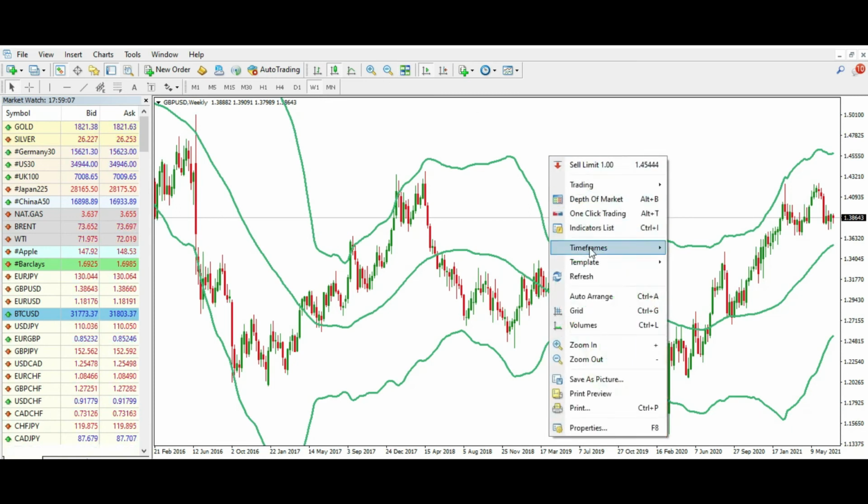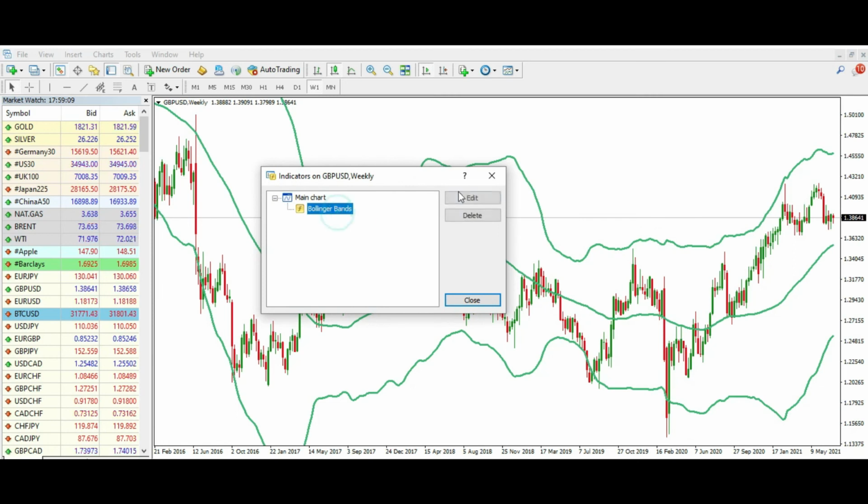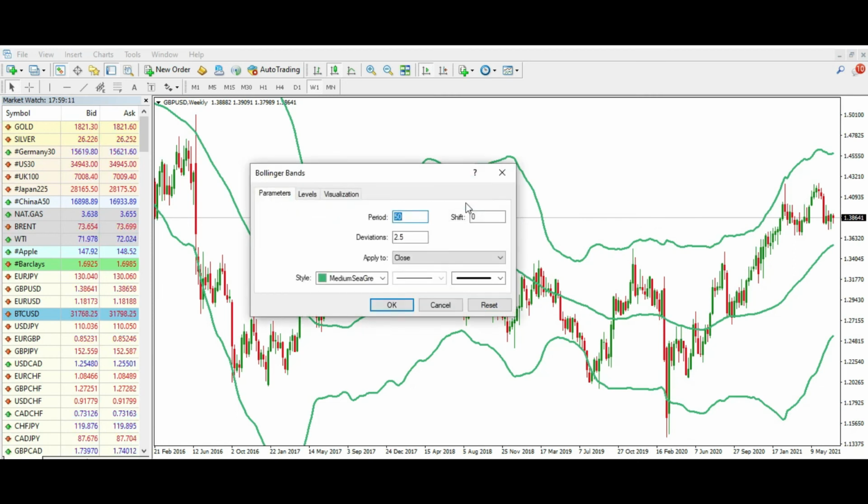And another setting that we can set here, if you want to change the standard one, I like the standard, but if you want to change it, can be 10 and 1.5. You will see very soon how that looks.